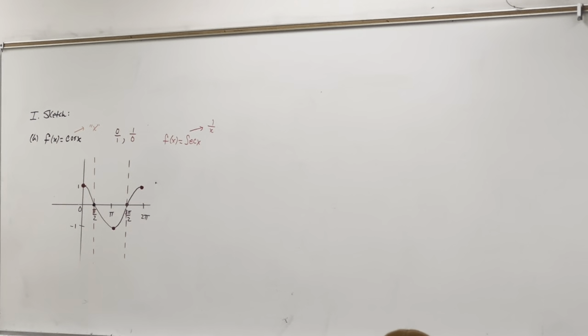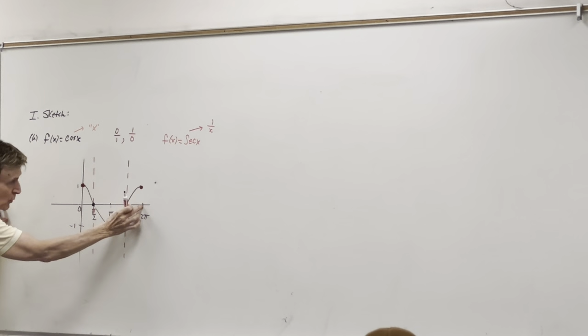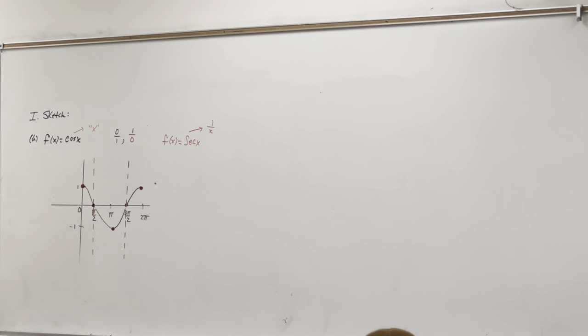Now the red ones, if you make out where the red ones are. I start here. This is quadrant 1, this is quadrant 2, this is quadrant 3, this is quadrant 4. Tell me the best you can, based on what you see right now, what's going on? What little piece of the graph do you see? I'll do it in red here. In quadrant 1, I've got this point to work with. What do you think the shape looks like in quadrant 1 from 0 to pi over 2?